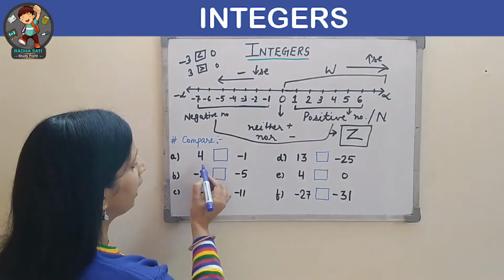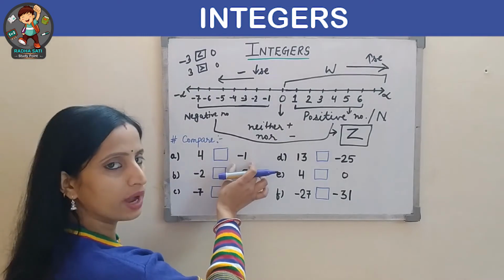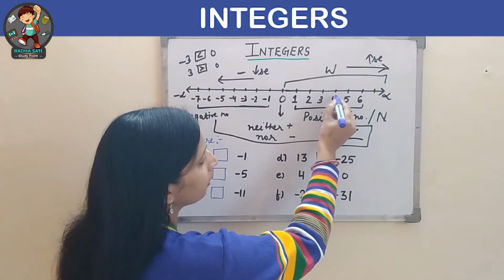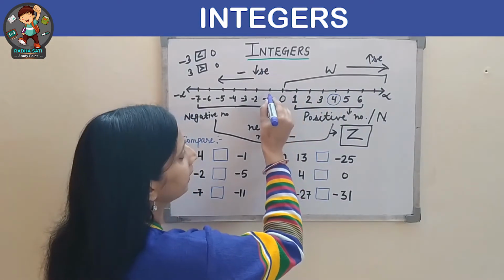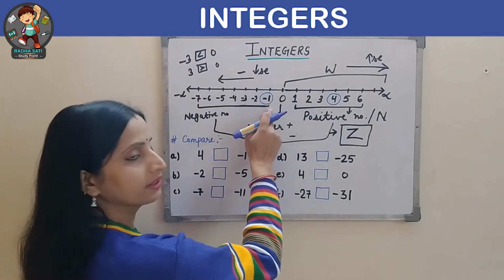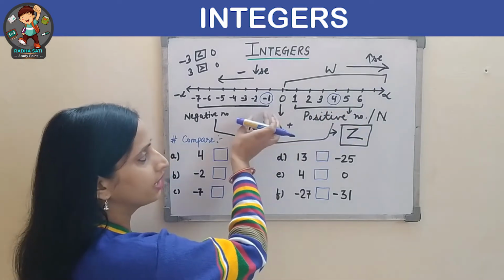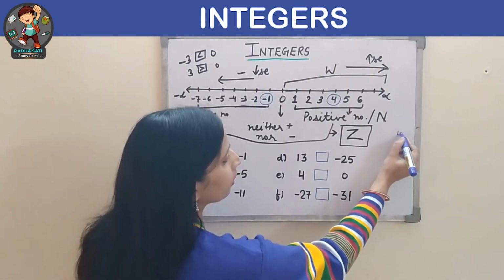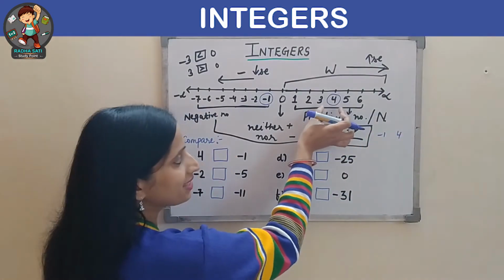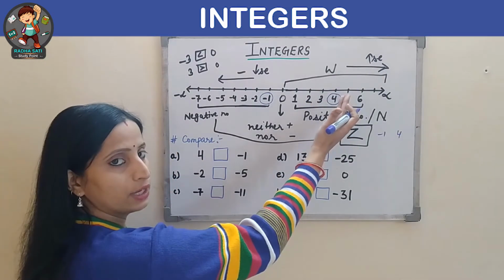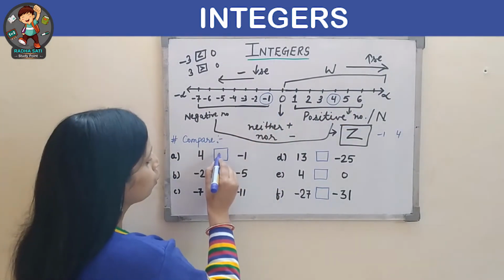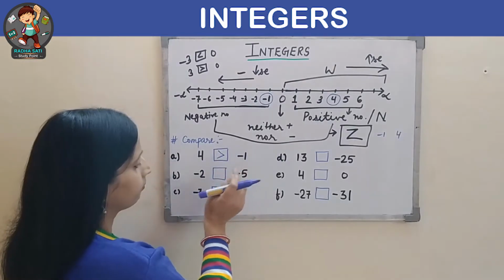For example, we have to compare 4 and minus 1. So first we will mark it on the number line. This one is 4 and this one is minus 1. Now we will check which number is to the right of the other number. From 4 and minus 1, we can see that 4 is to the right of minus 1. So 4 will be greater.